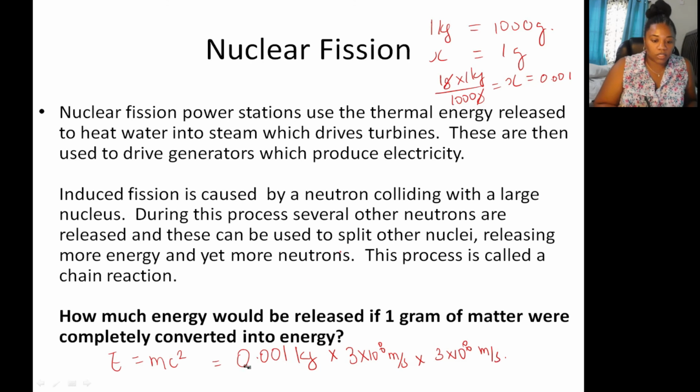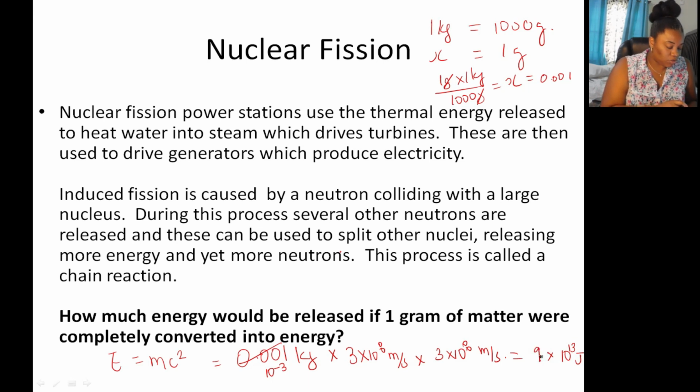So we know that this is 10 to the 3, so we could put 10 to the minus 3 right here, and we could work this out. So we have 10 to the 16 minus 3 will be 10 to the 13, times 9, because 3 times 3 is 9.